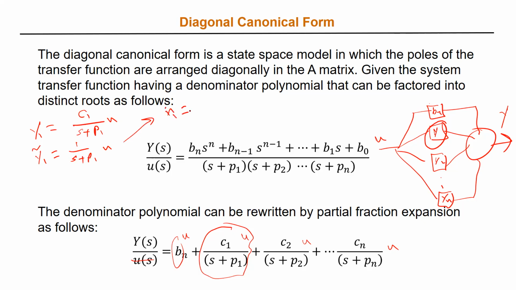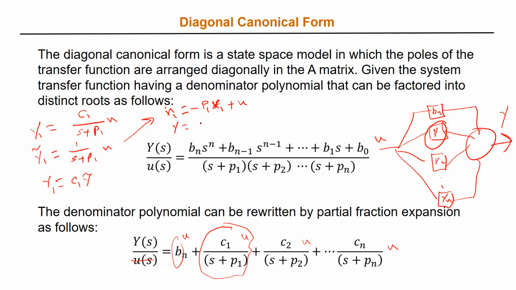X1 dot equals what? It's minus P1 times X1 plus U. And Y equals, if I want Y, Y1 equals C1 times y wiggle.